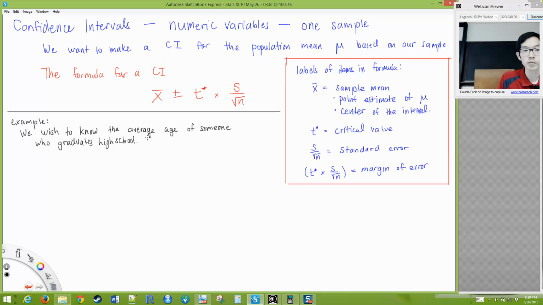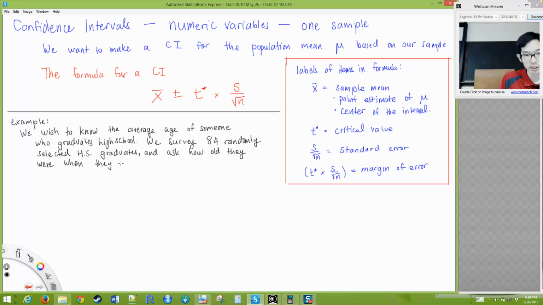We survey, let's say, 84 randomly selected high school graduates and ask how old they were when they graduated high school.